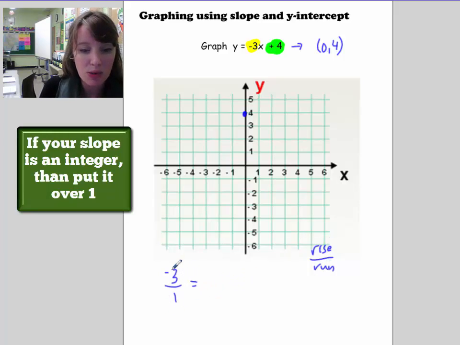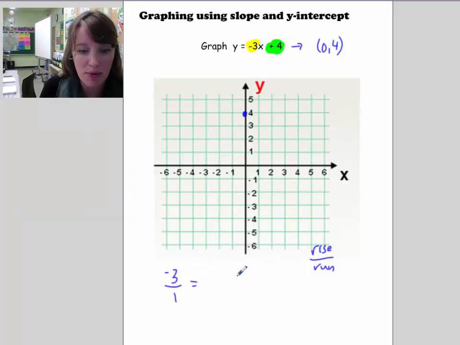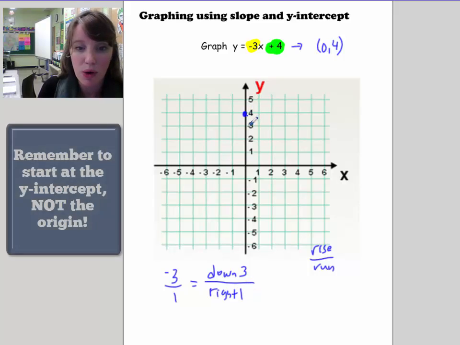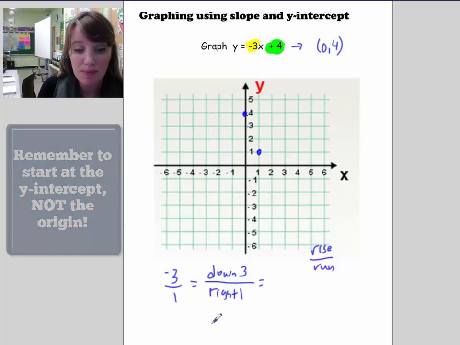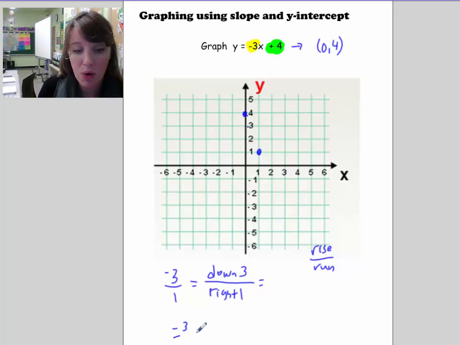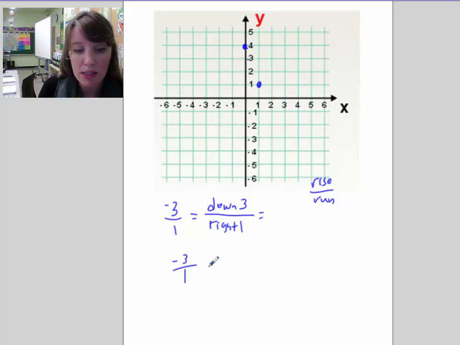All right, so this means that the rise is negative. When you have a negative rise, it means down by 3. And when you have a positive run, you're going to go right by 1. So if I go down 1, 2, 3, and I go right 1, I'm going to get another point on that line. I could have also gone, remember, -3 over 1 is the same as 3 over -1.